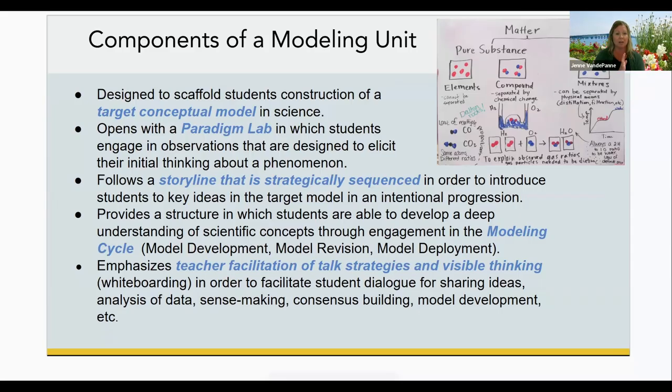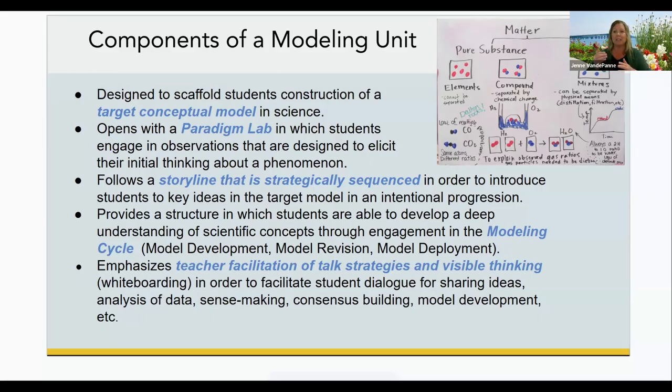It starts with a paradigm lab, where they are experiencing firsthand and taking observations and measurements in a specific lab that was designed to drive them towards this target model. The storyline is strategically sequenced in modeling instruction. So it might start out with something that you're just observing. And whether the students are right or wrong at the very beginning, it doesn't matter, because the next lesson is designed to hone in their experience, to draw conclusions.